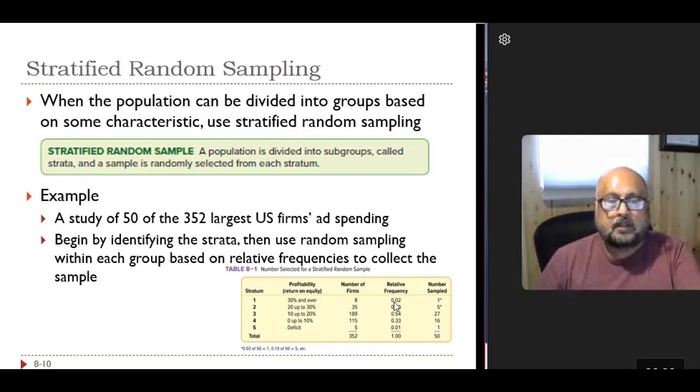So 0.02 we found by dividing 8 by 352. Similarly, the second entry here, 0.10, we divided 35 by 352, and so on. When we add the relative frequencies for all the groups, it should be 100%. So 100% means 1. So we have 1 here.